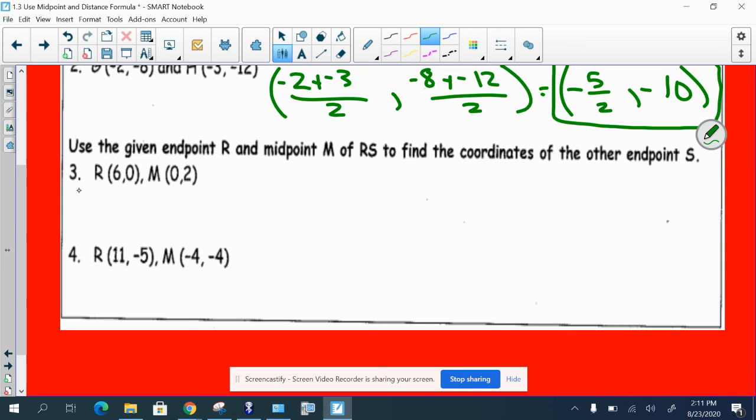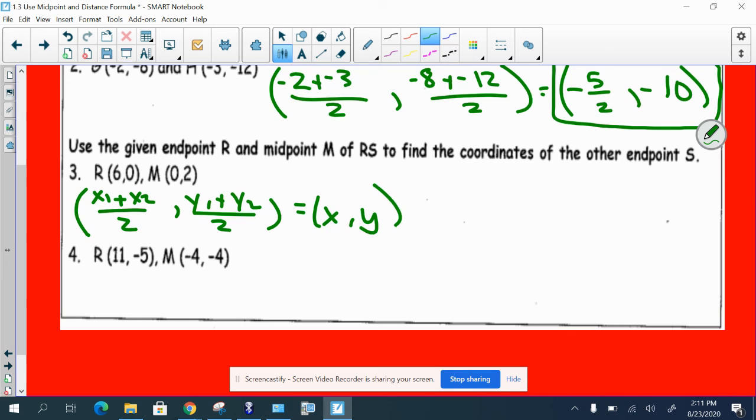So we're going to go back to our midpoint formula. x1 plus x2 over 2, y1 plus y2 over 2 equals your midpoint, x, y. And I'm going to plug in what I know. So I know one of the points is 6, 0. So that would be x1 and y1.